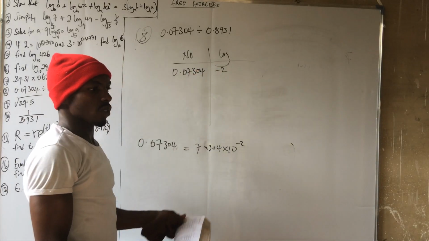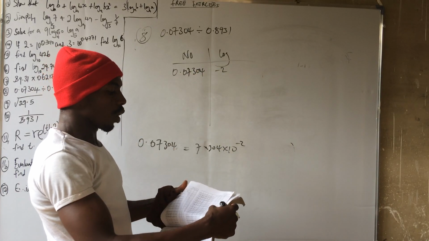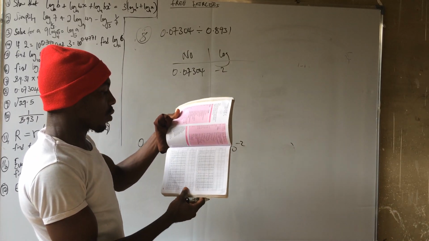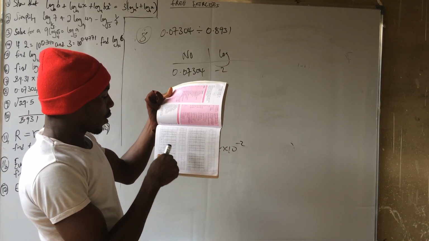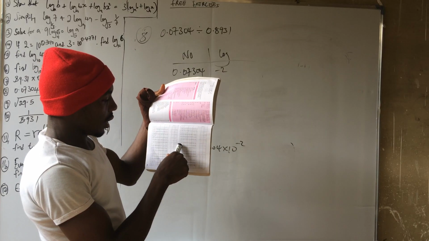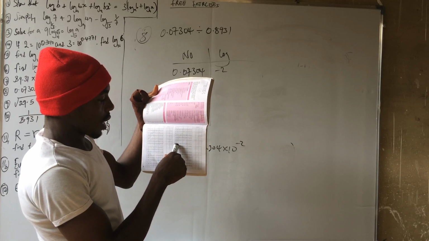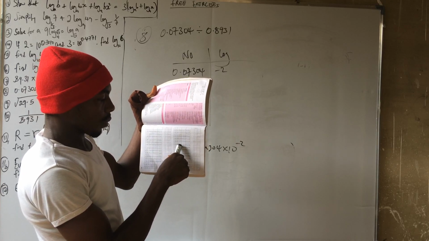We now check for 73 under 0 difference 4. That is the logarithm of 73 under 0, which is 8633.